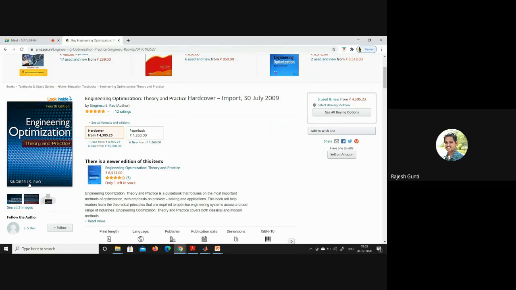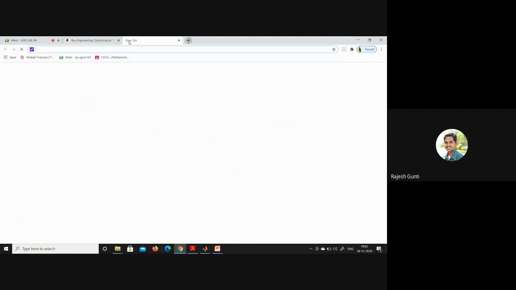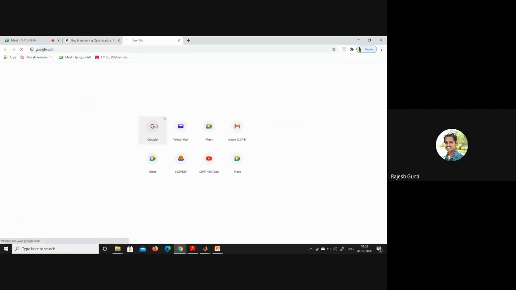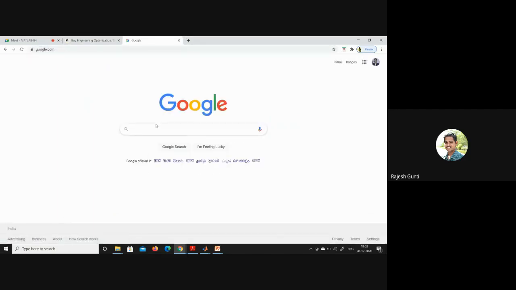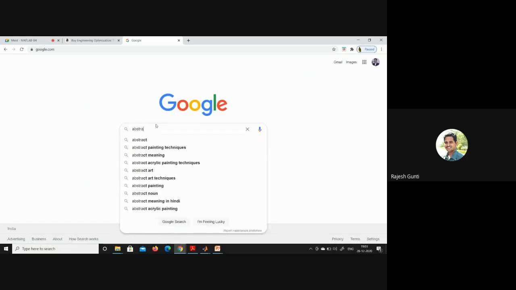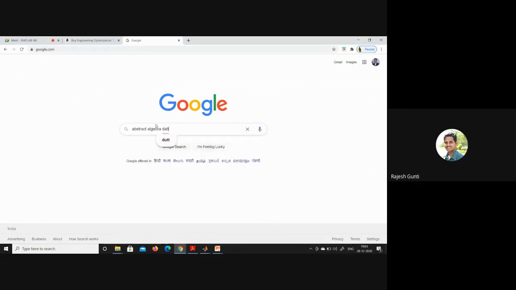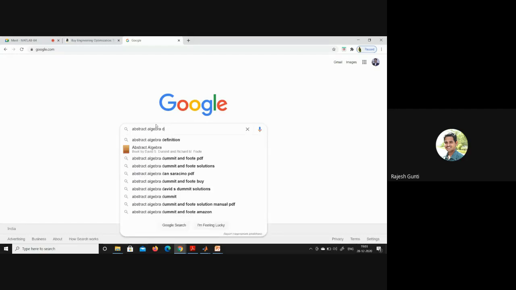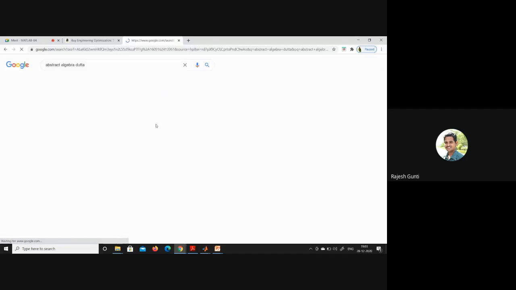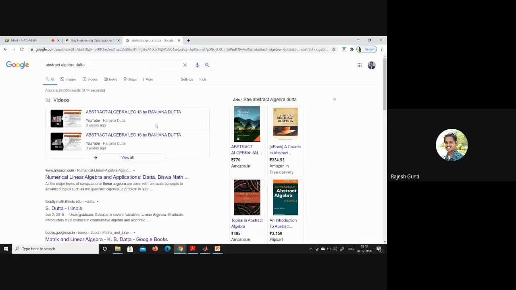Singiresu Srinivas Rao. Another book I will show you. These are very famous books, but most of them don't know actually. This is linear algebra by KB Datta.